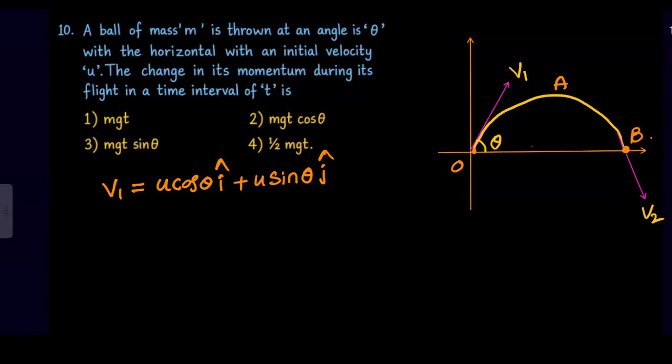Tell me now, at the point B, what is the velocity? Not 0, because at the highest point the vertical velocity is 0. At the point B, the velocity is the same as the initial velocity, but what happens? The x direction velocity remains the same. The y direction velocity is also the same in magnitude, but in the opposite direction.